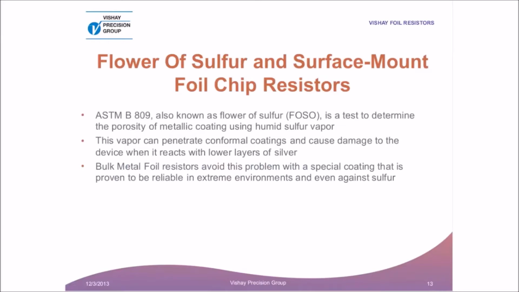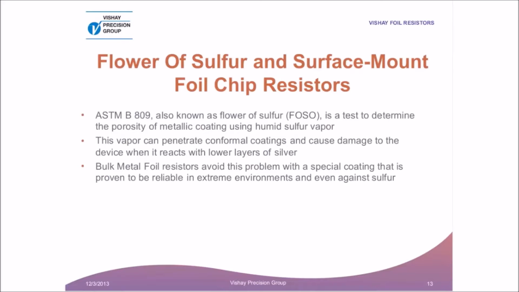Another potential issue for power current sensing applications, particularly those which will be installed in harsh environments, such as alternative energy or industrial applications, is known as the flower of sulfur.